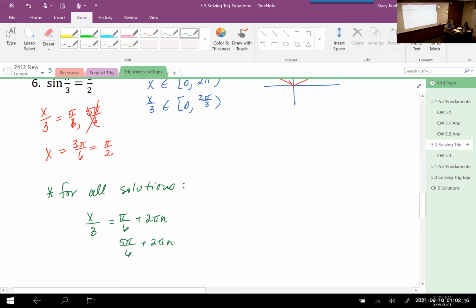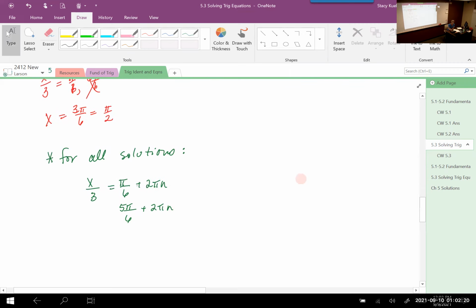But I'm not done because I'm dividing x by 3 here, correct? So now I will multiply everything in here by 3, which means x is going to be 3 pi over 6 plus 3 times 2 pi n. There, did you see how I did that? It's kind of tricky.